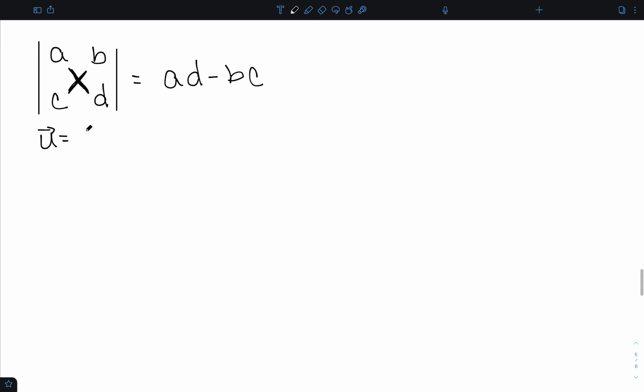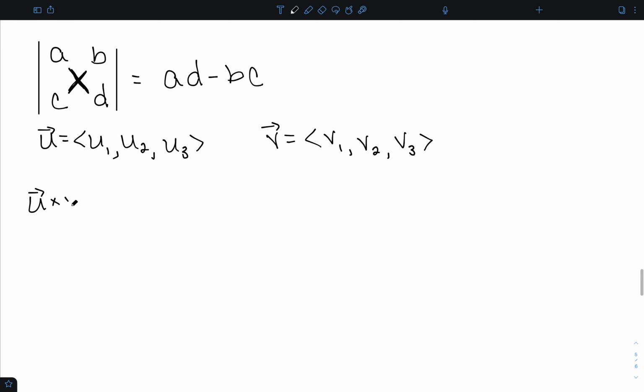So for my vectors u, which is u1, u2, u3, and v, which is v1, v2, v3, the cross product u cross v can be done by finding determinants.